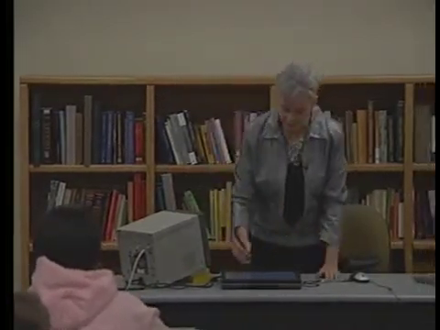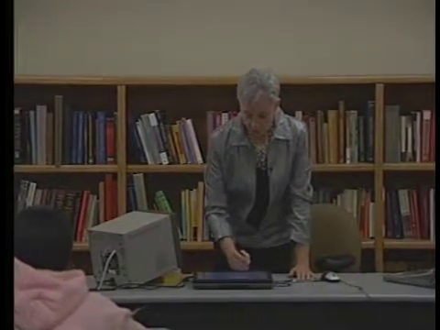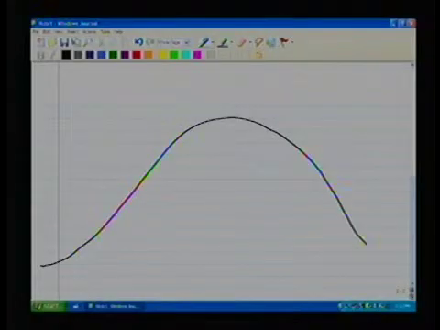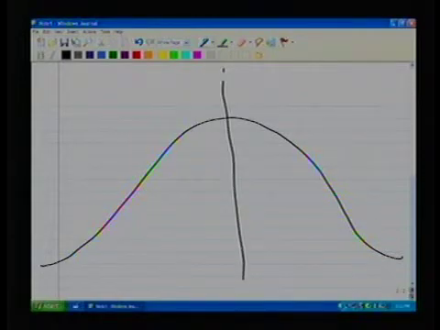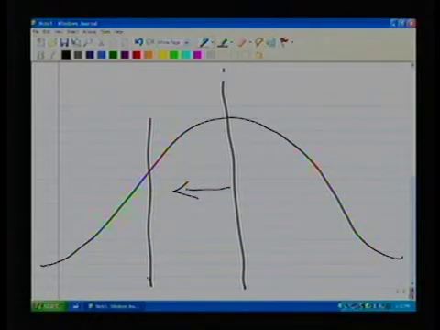Now, this should make sense to you in terms of the normalized distribution of scores. Our bell curve is here, and if they're closer to the mean, these are children who are likely to be falling between here and here.